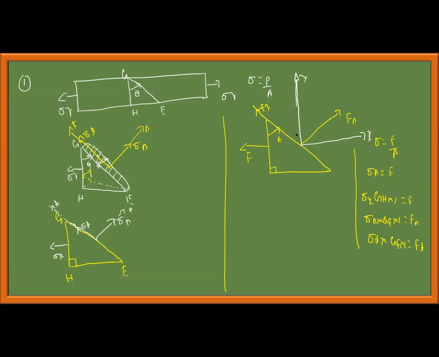This is making an angle theta. You can take alternate angles like this. If this is theta, this will also be theta. Don't worry about that. If you take a perpendicular like this, you can take.